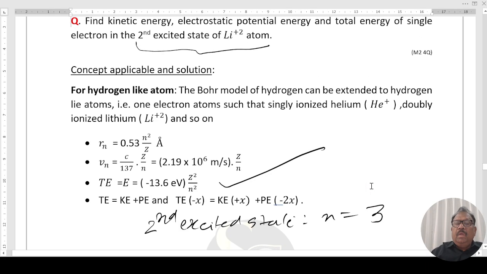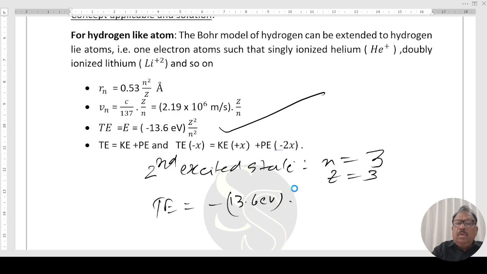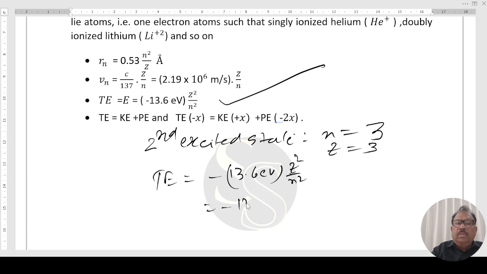And Z equal to lithium का atomic number Z है. ठीक है. Then total energy is given by minus 13.6 eV into Z square by n square. On simplification, this comes out to be minus 13.6 eV into 9 upon 9. That is minus 13.6 eV. This is the total energy.